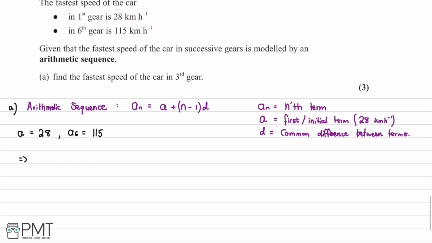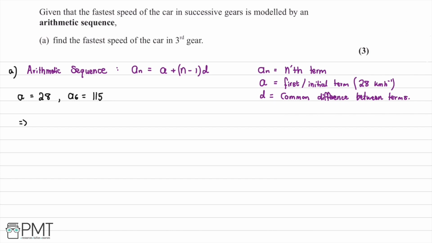So therefore, we can say that a6, which is equal to 115, is going to be equal to a, which is 28, plus n minus 1. So n is 6, so that's going to be 6 minus 1, which is 5. But I'll just leave it as 6 minus 1 just now, multiplied by d. So what we can do now is rearrange this equation and solve for d.